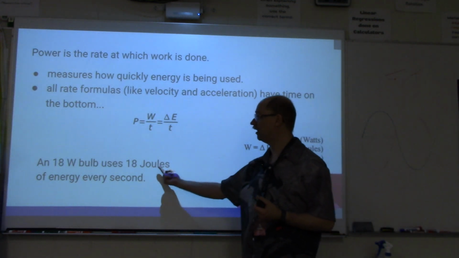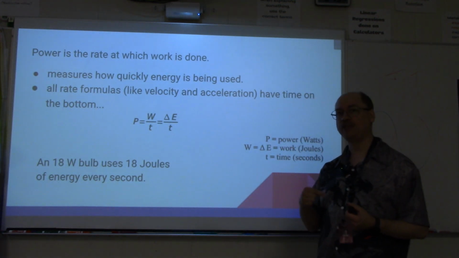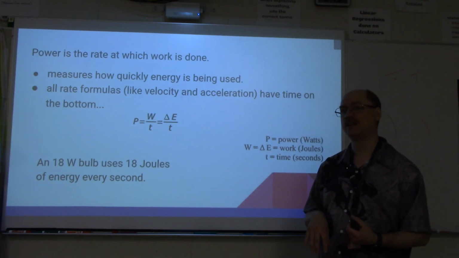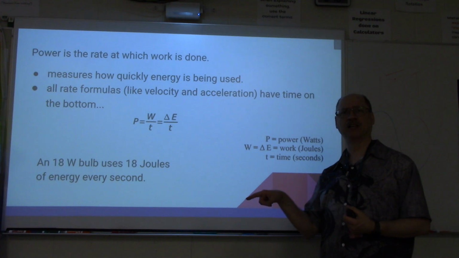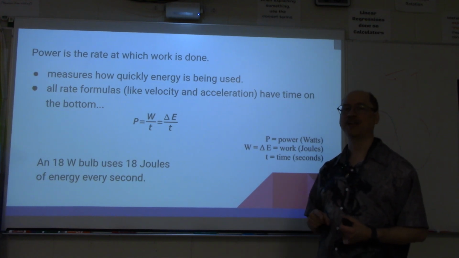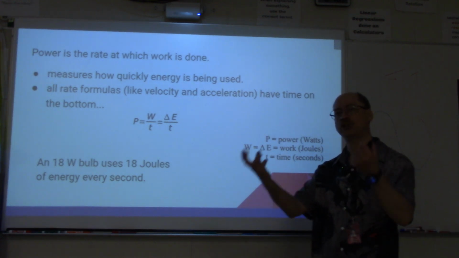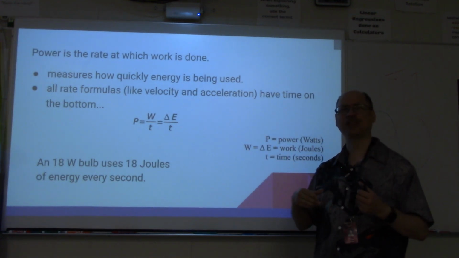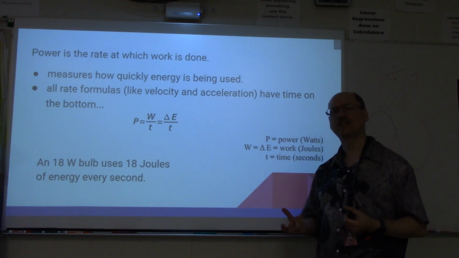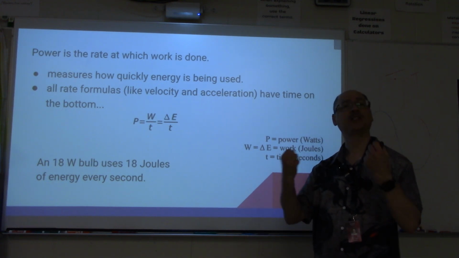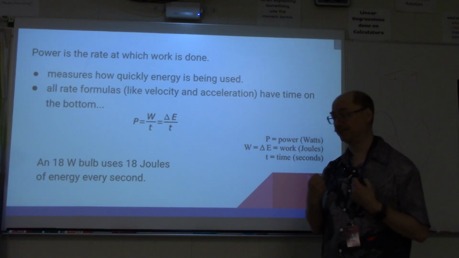It's telling you that that light bulb uses 18 joules of electrical energy for every second that it's turned on. Now we're going to see in the next section, that doesn't necessarily mean that you get 18 joules of light coming out, but it is telling you how much it's using. Anytime you see something on an electrical device that you're buying that says something about the watts that it runs at, that's what it's consuming. That's its input.